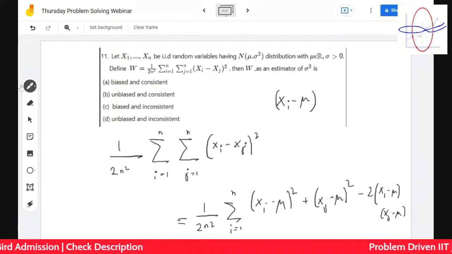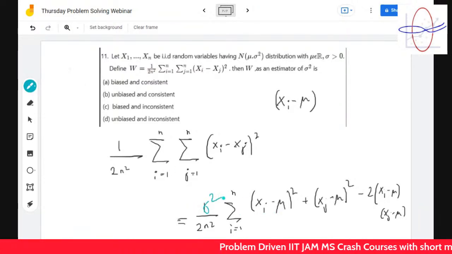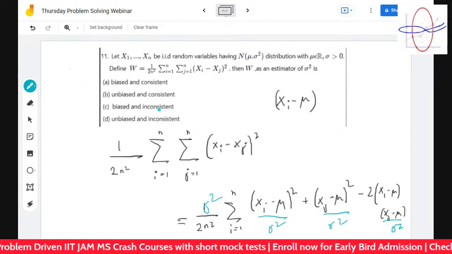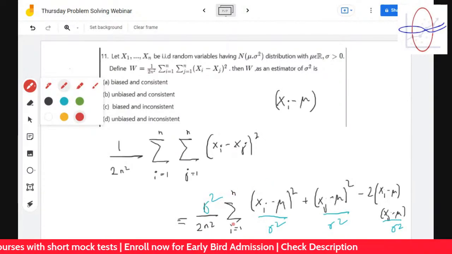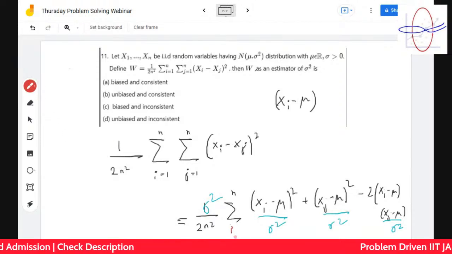And observe that if you multiply by sigma square and divide by sigma square, it will help. Can you tell me what this term will give you guys? This is over i and j both, so you can just write it together as i and j.